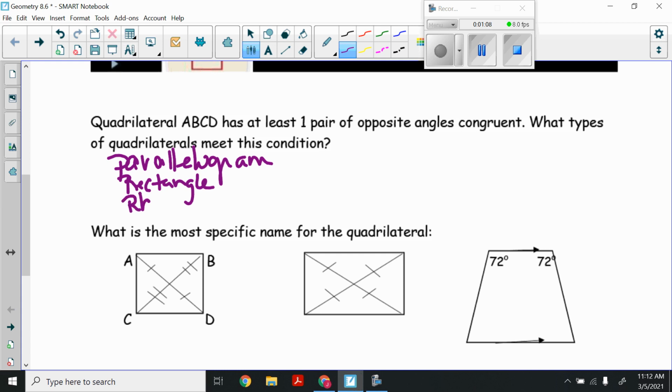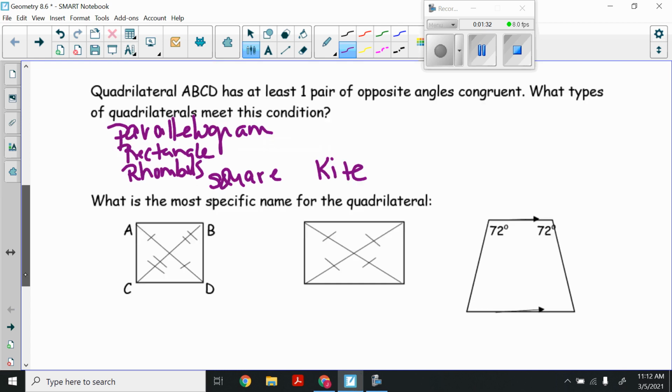We will have a rhombus that meets that, and a square. But then remember that we also have the kite that has one pair of opposite angles congruent. So parallelogram, rectangle, rhombus, square, and kite all have at least one pair of opposite angles congruent.